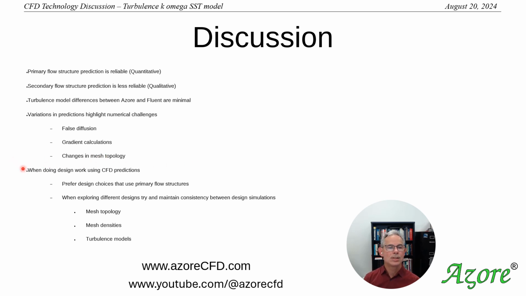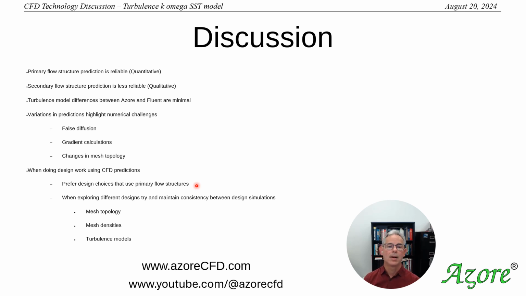So in general, when doing design work using CFD, we want to prefer design choices that rely on our primary flow structures. Those are the ones that give us our quantitative values, and at least in this particular test case, those are the more reliable.